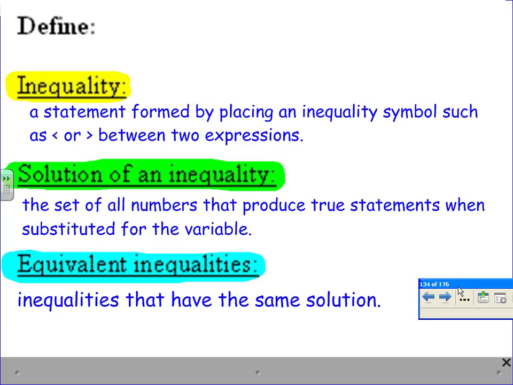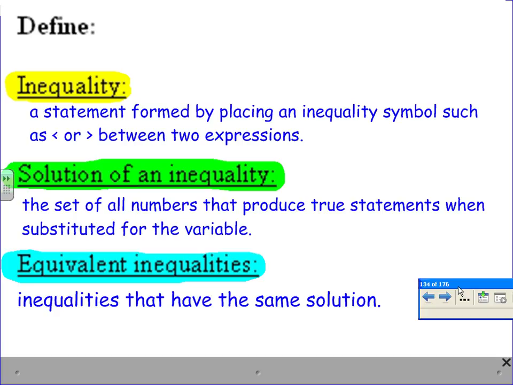Okay, I guess it probably should say same solutions because there's going to be a lot of options. Zach? Say that again. Yes, depending on what the inequality looks like. But eventually we're going to mix them all up, so you will see some equations in there.